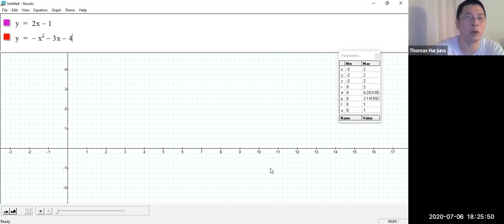That's for the second one, the one after you reflect. The one before you reflect was x squared minus 3x plus 4.